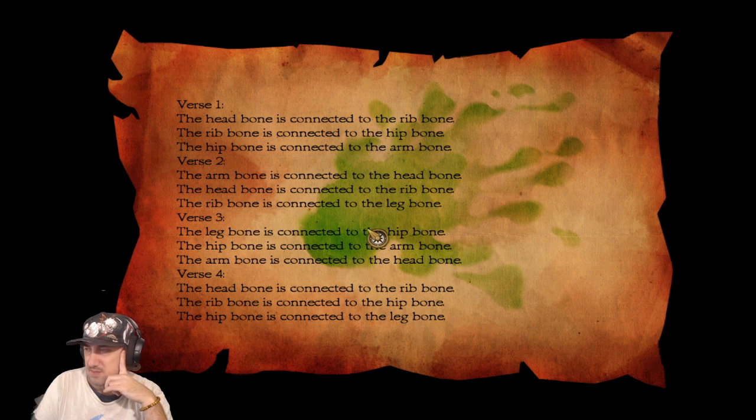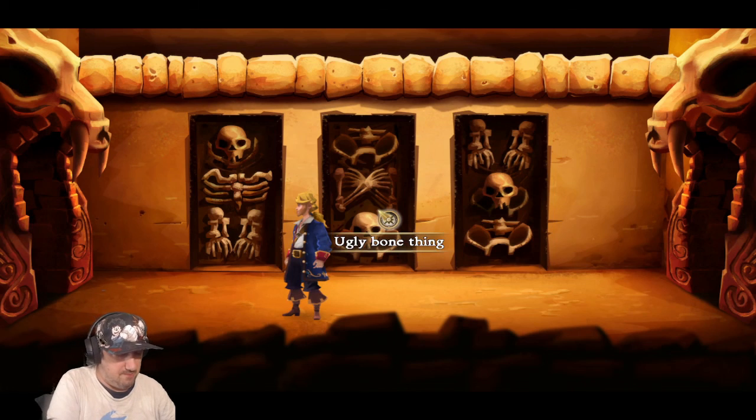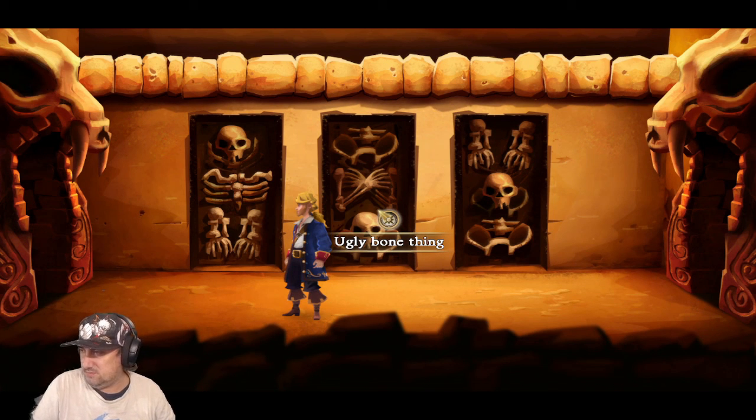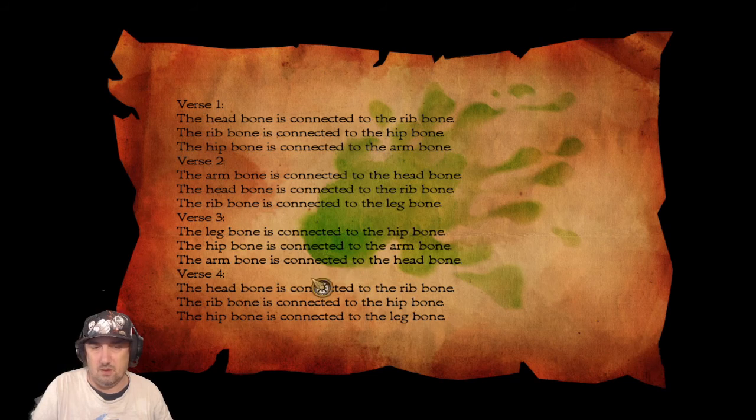Leg to hip. So that's 3. First, the head bone's connected to the rib bone. Then the rib bone's connected to the hip bone, yes.